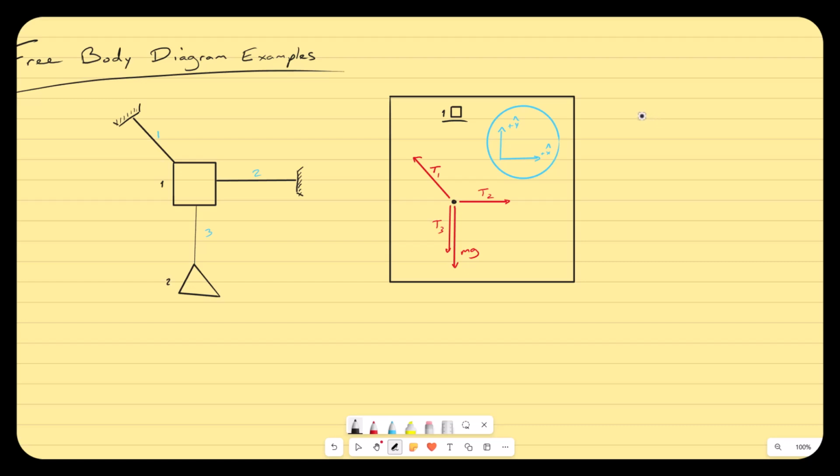For the other one, for the triangle, I will again draw a dot to start. I have attached to the triangle, well, first the triangle has weight, so I'm going to get an mg going downward. Attached to the triangle is only rope number 3.